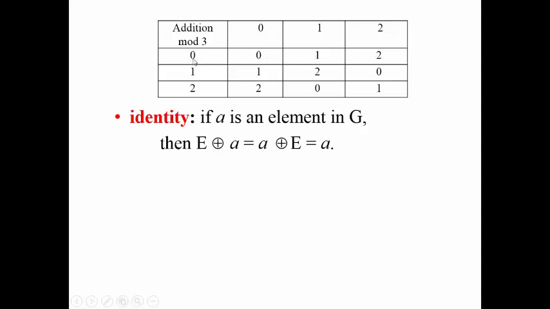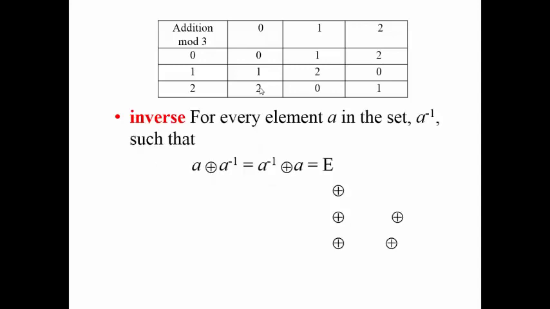So if this is E, E times each of the elements is going to give those elements back. And on the other hand, to get the multiplication going the other way, we can have 0, 1, 2 times each one individually times 0, and we again get 0, 1, 2. So we can see from that the identity here is equal to 0.